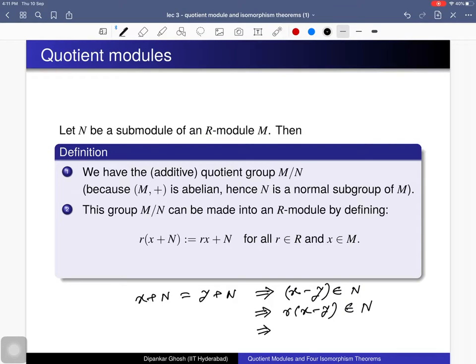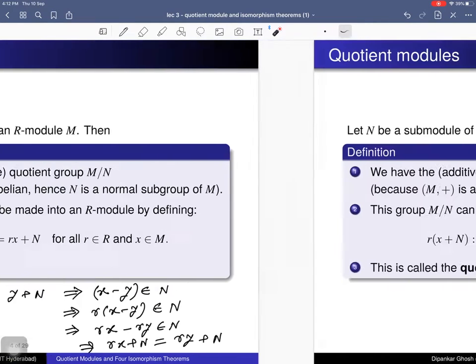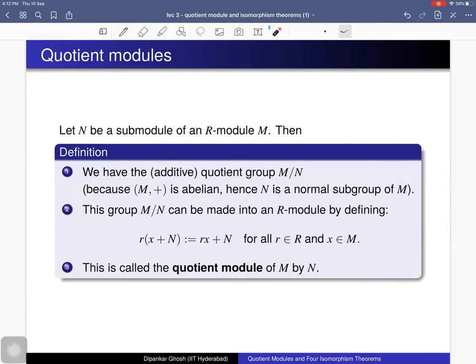This proves that r times x minus r times y belongs to N. So, the equivalence class of r times x is the same as that of r times y. So, this scalar multiplication is well defined, and now you can verify that this satisfies all those 5 properties in the definition of a module. Thus, M mod N is an R module, and that module we call the quotient module of M by the submodule N.